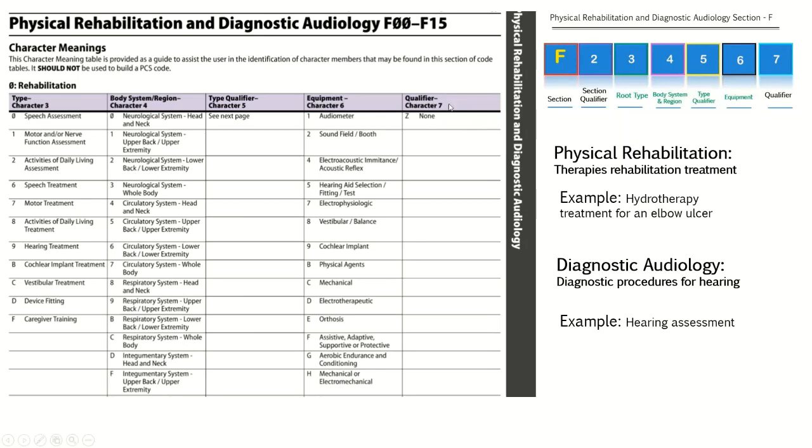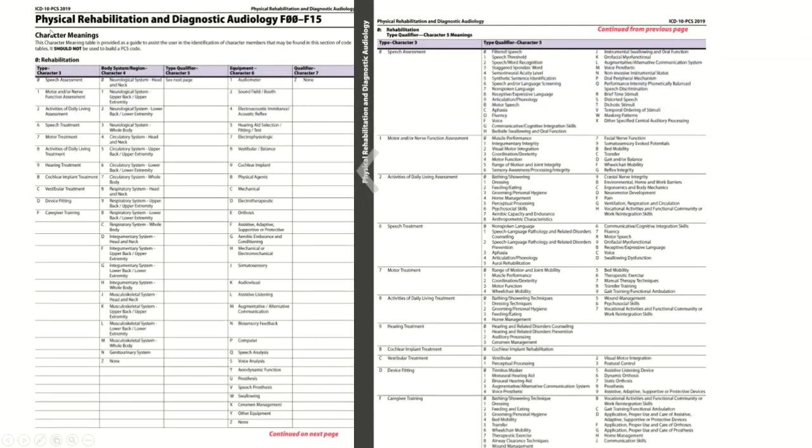All right, coders, let's just skim the qualifier type, character 5. It's long, and pretty much the qualifier type corresponds with the third character. So if speech assessment is your third character, they have about 20-some odd options.